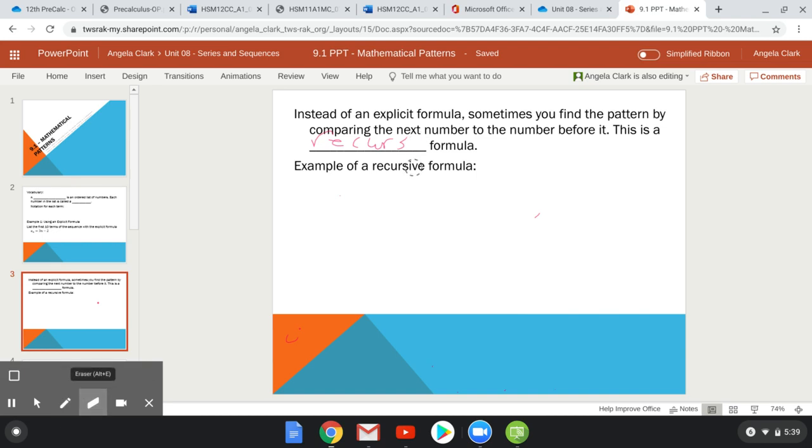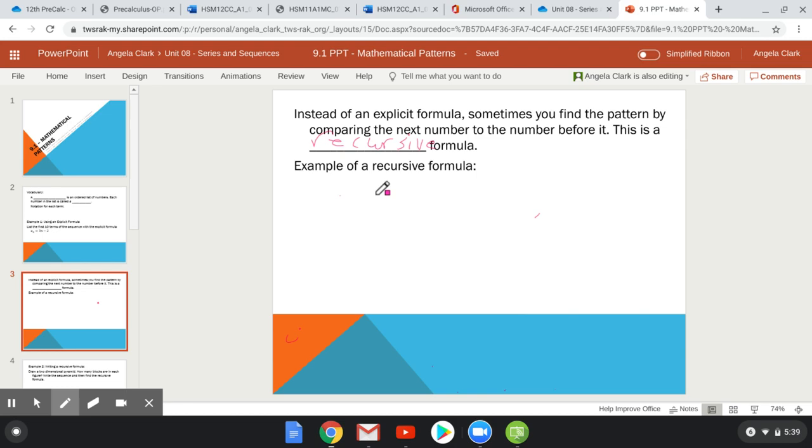I just left off a whole part of the word there. If you can't read my handwriting, it's written right here. If you have a formula that uses the previous term to find the next one, that's a recursive formula.